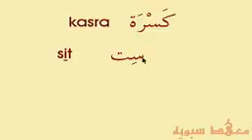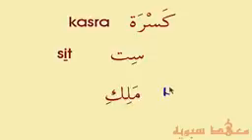You have the sin with the kasra, si, and that's the ta. So sit. For example, we have the following word. It's ma, that's a fatha, and then the lam, li, and then the kaf, ki. So maliki. Malik means king. So let me just write this, a king.